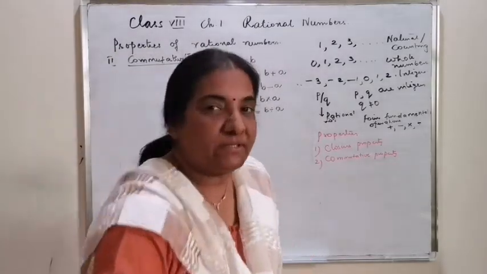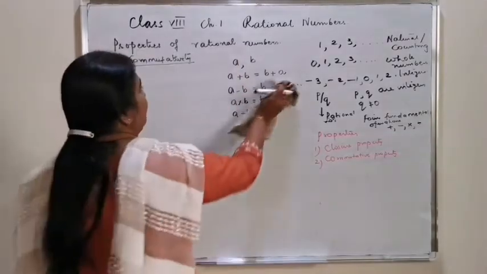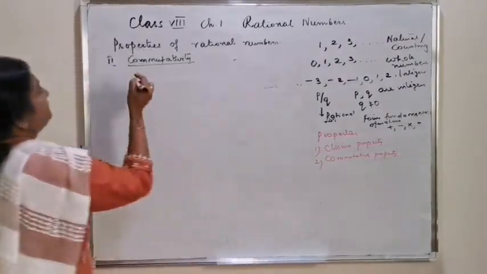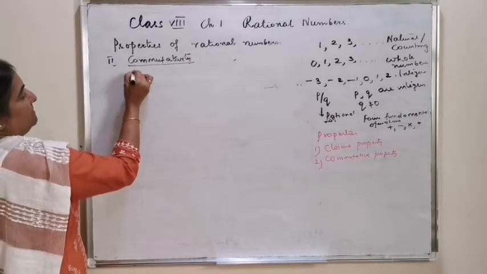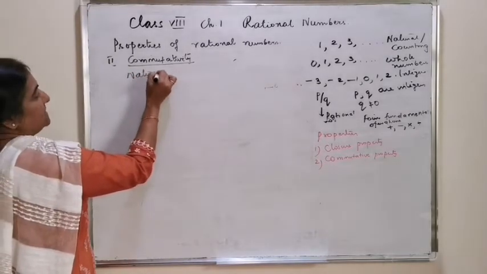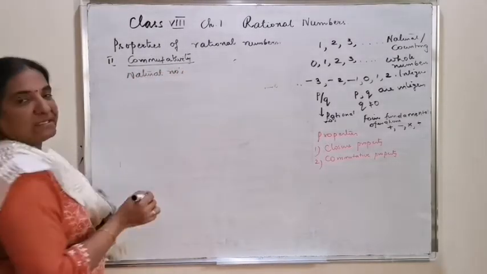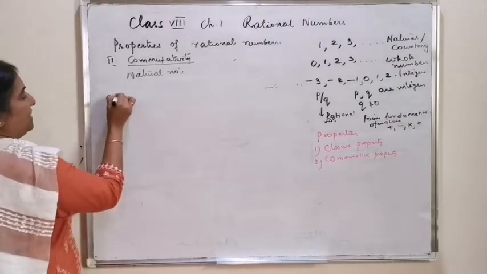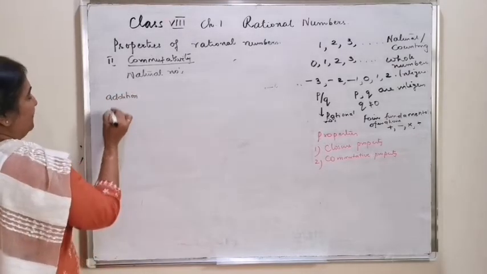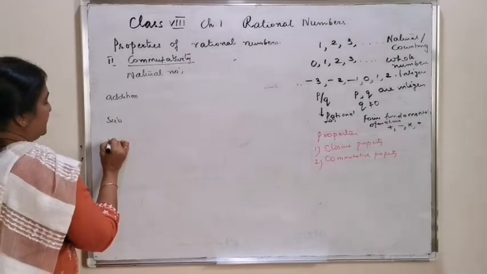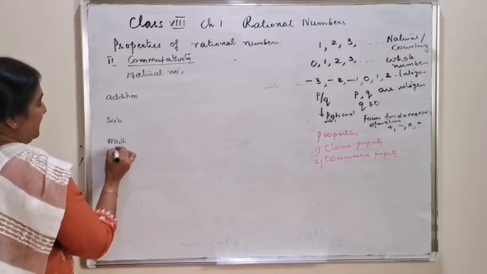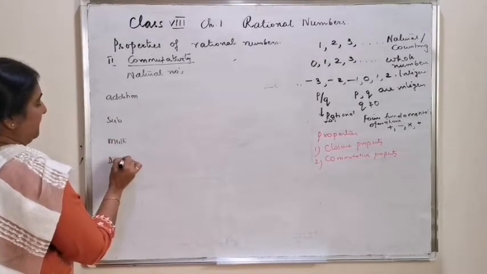Let's start with the first set of numbers, natural numbers, and see whether the commutative property holds for the four operations of addition, subtraction, multiplication and division.